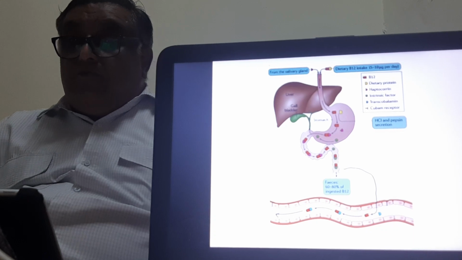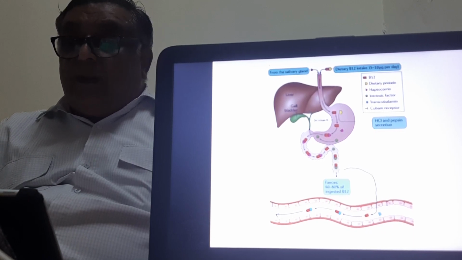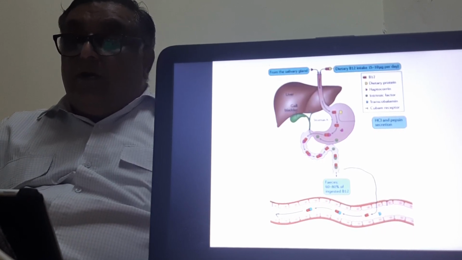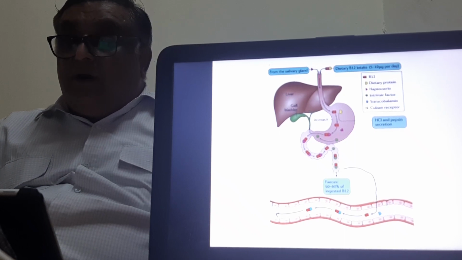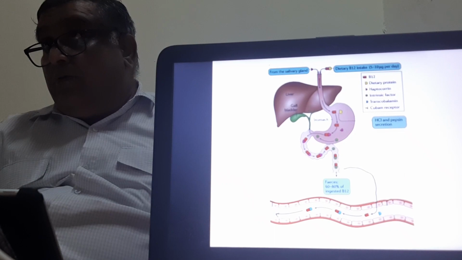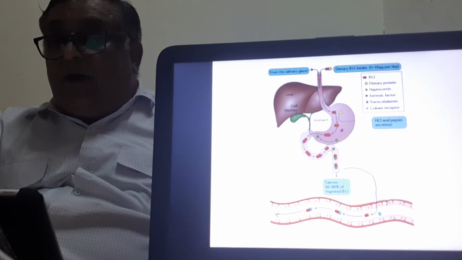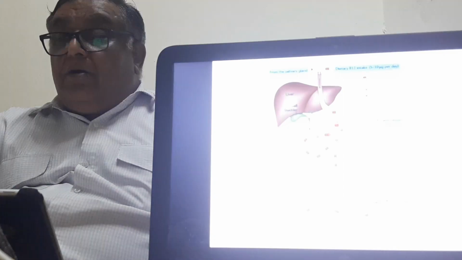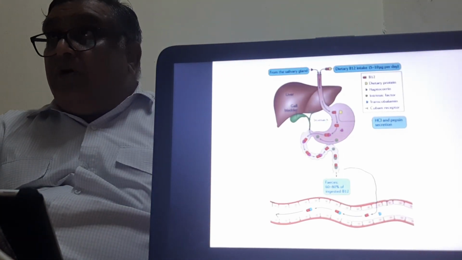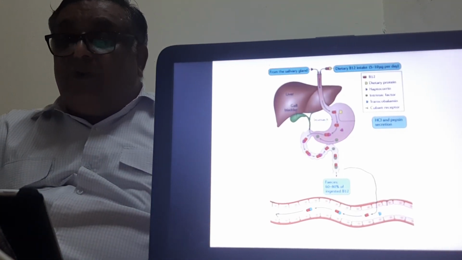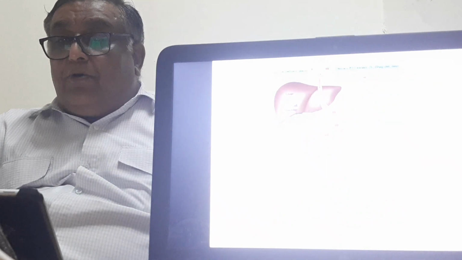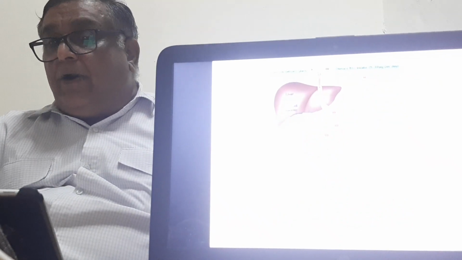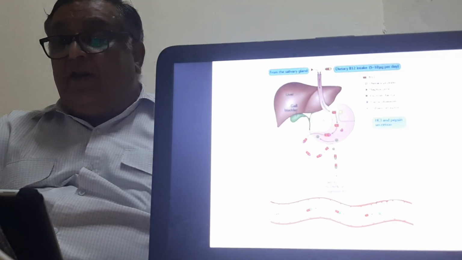Now, vitamin B12, when we take it, comes attached with a dietary protein. The yellow portion is the dietary protein, the red portion is the B12. But when we chew the food, the whole thing is mixed up with the haptocorrin, which is the R binder, which is produced by the salivary glands.